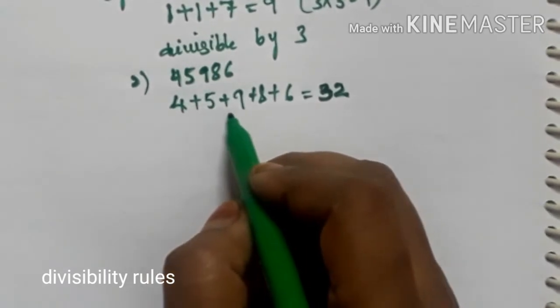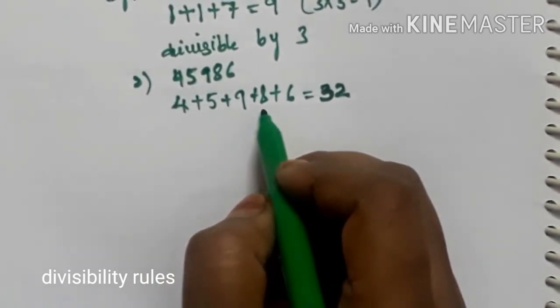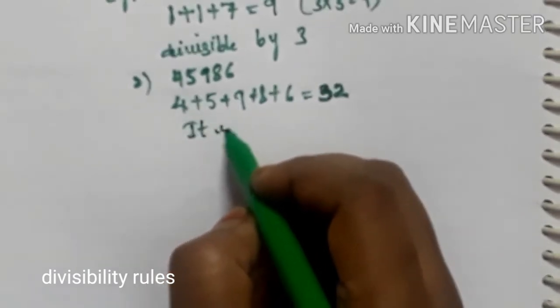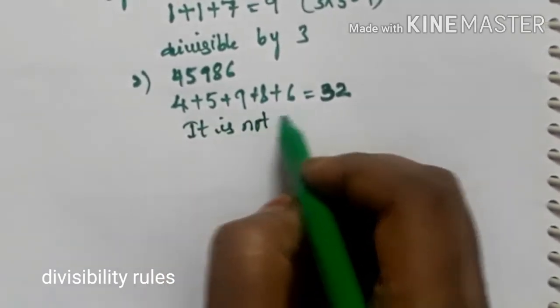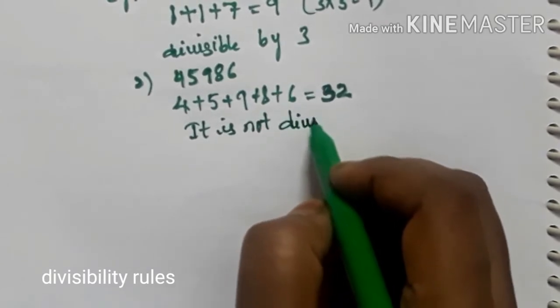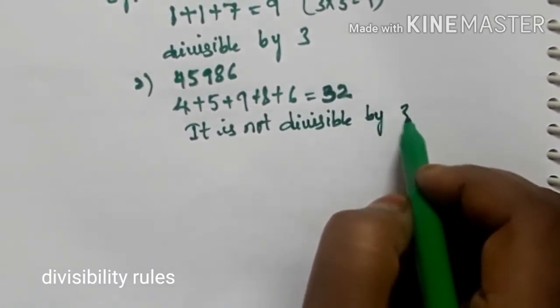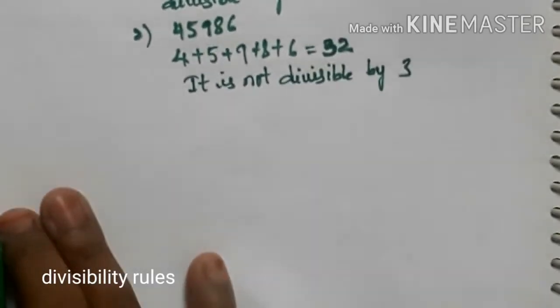So it is not divisible by 3. That is, 45,986 is not divisible by 3. Like this you can check whether a number is divisible by 3 or not.